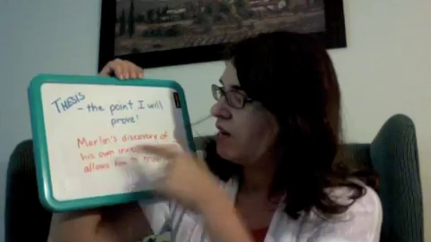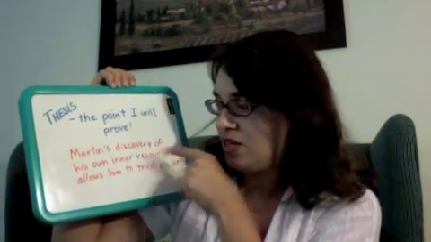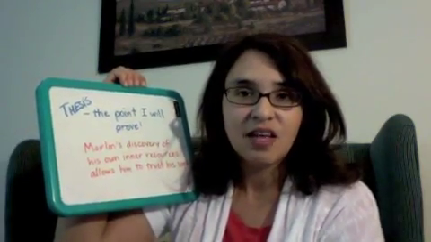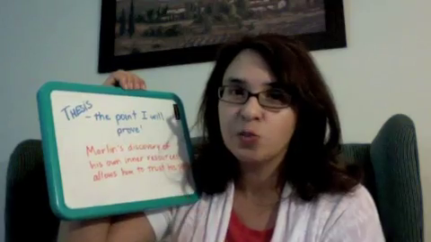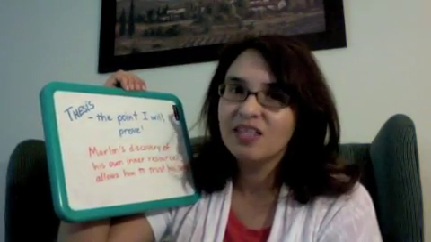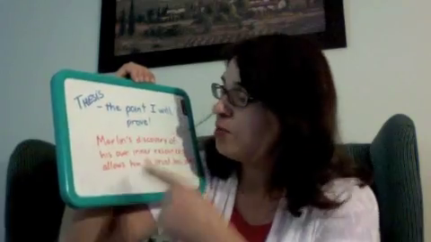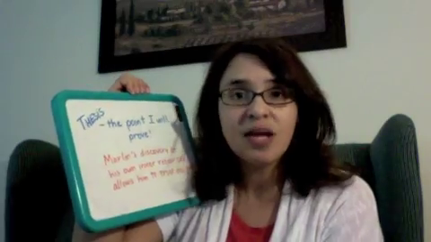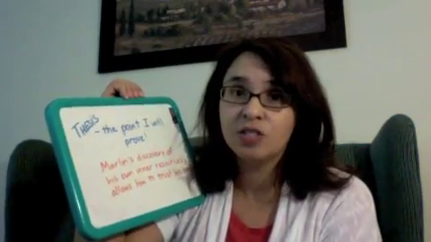Let me give you an example of a fairly deep analytical thesis that does analyze a character. Marlin's discovery of his own inner resources allows him to trust his son. Now this could be unpacked and explained, so that makes it a good thesis for an essay. For example, I've said that Marlin discovers inner resources. My essay is going to have to prove that he does do that.